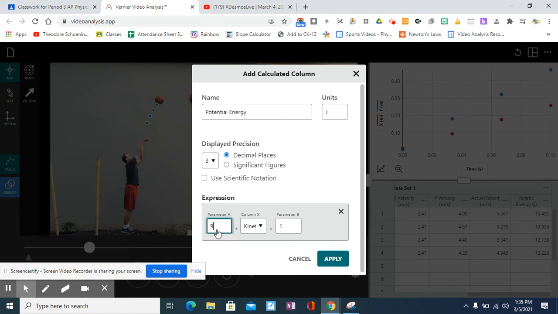So my constant is actually going to be a total of 9.8. It's technically 1 times 9.8, but neither changes, so it's always 9.8. We are going to be measuring the height as our variable here, which would be represented by the term y. And it should be to the first power. So we can calculate 9.8 times the y position to the first power should give me my potential energy.